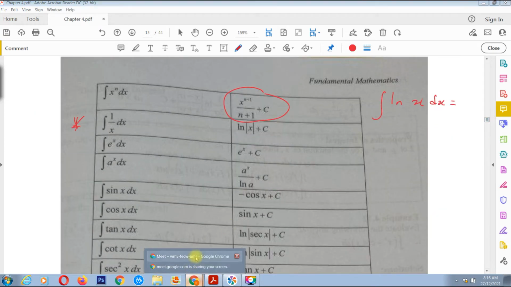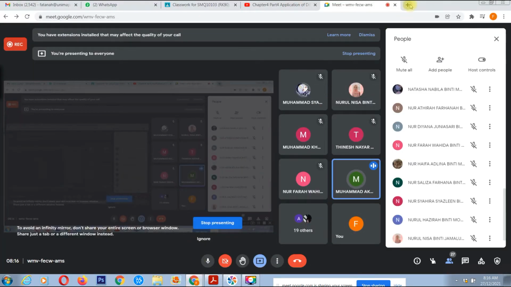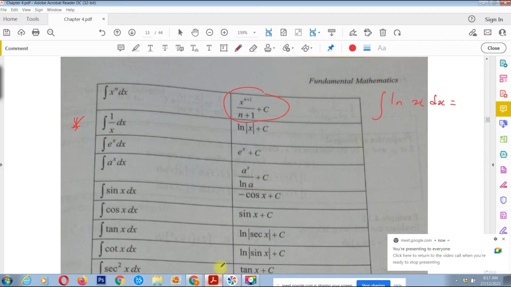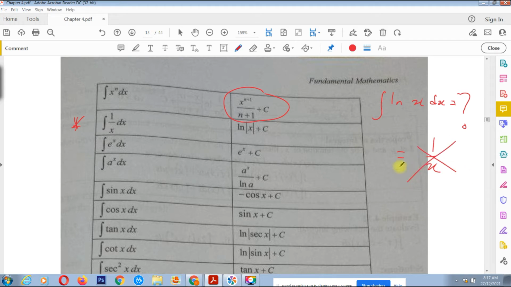Some guess x per c? How come? Oh, I see. This is what confuses you actually. Almost everyone gives 1 over x, but actually this is a wrong answer.